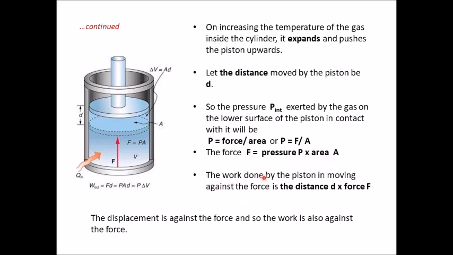The work done by the piston in moving against the force is the distance d into force F. Displacement is against the force. From where is the force coming? From inside the cylinder, from the gas, and the work is going against the force, that is, the piston is moving upwards.